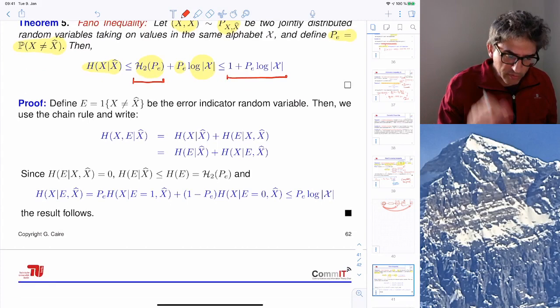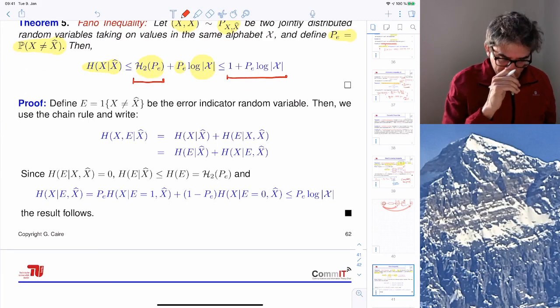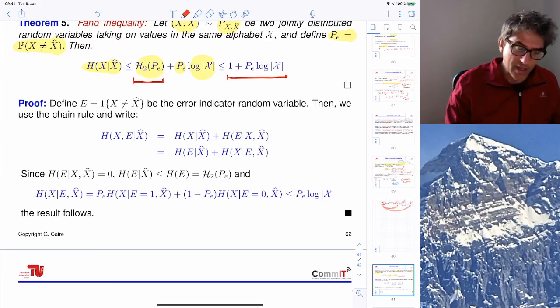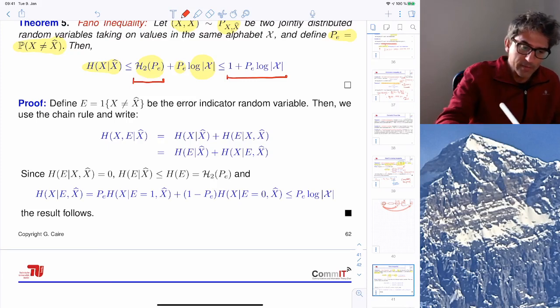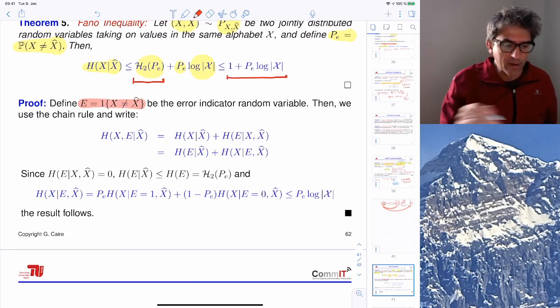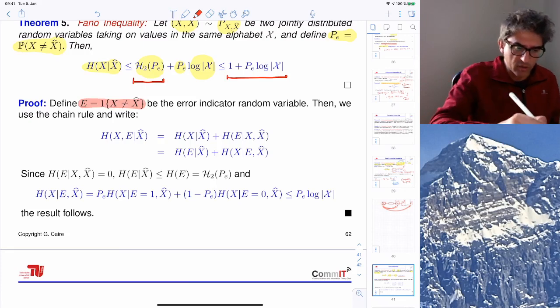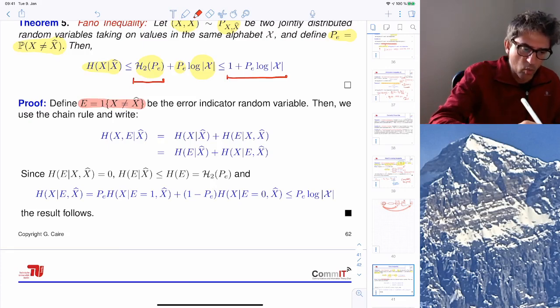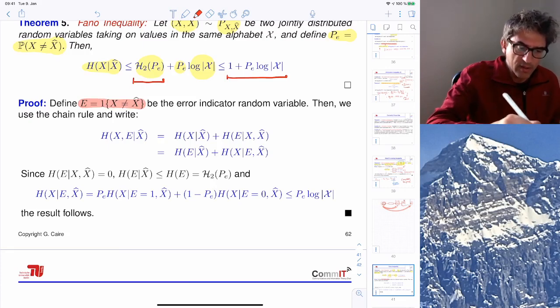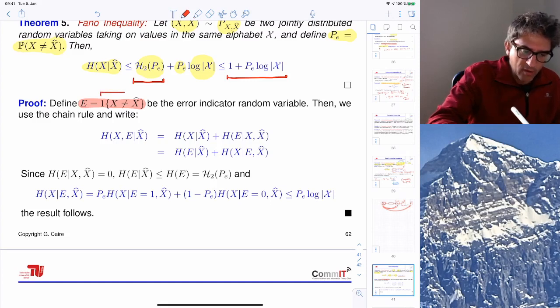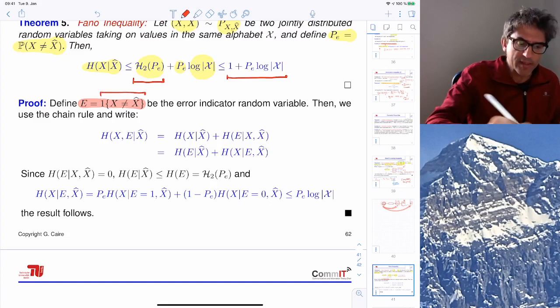How do we prove Fano's inequality? Here is the proof. We define a random variable E as the indicator of the error. So 1 of a set is the indicator function of the set. You see this notation here, 1 of x different from x hat.